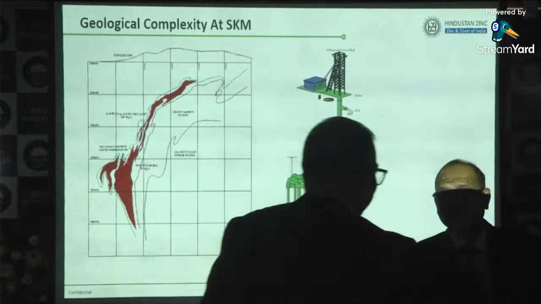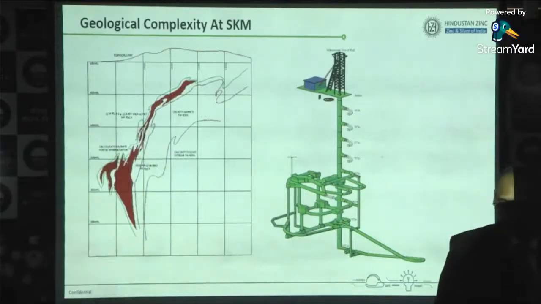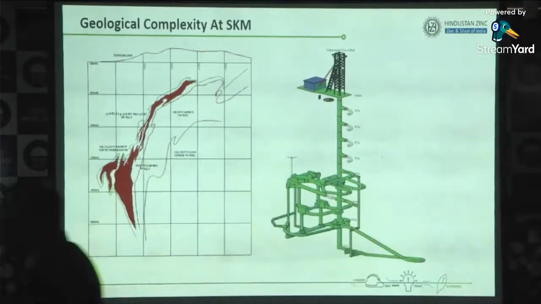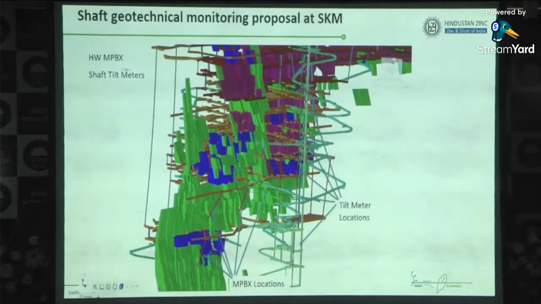Earlier, the SK mine deposition happened along a fold. You can see it was earlier dipping toward the west, now dipping toward the east. Due to that complexity, our shaft is somewhere in the hanging wall, so we have to put in lots of structure. This is one 3D example of the instrumentation we are doing in our mine.